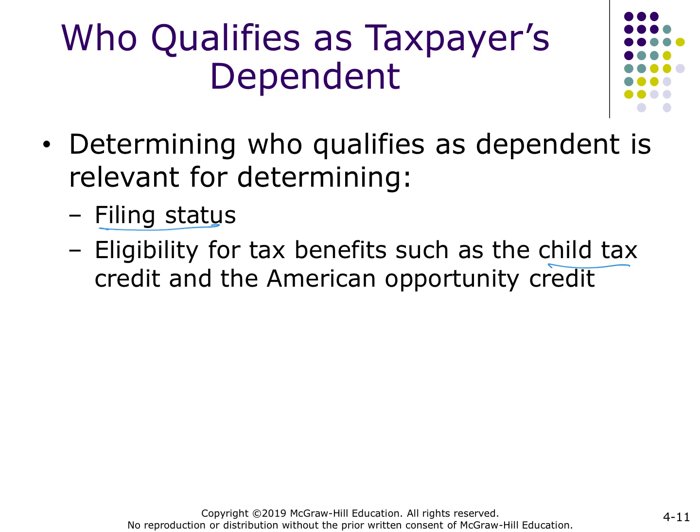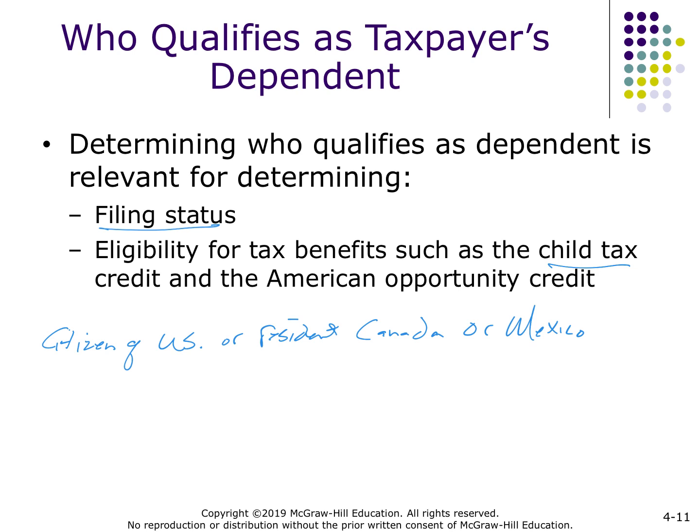All right, so dependency requirements in general, okay? They must be a citizen of the U.S. or a resident of Canada or Mexico, okay? In order for someone to qualify as your dependent, they cannot be filing a joint return with a spouse, okay?